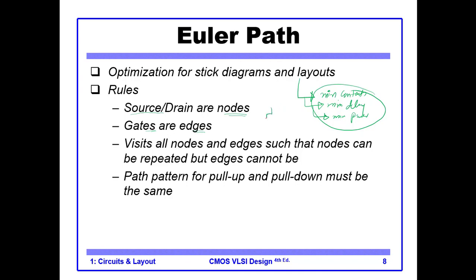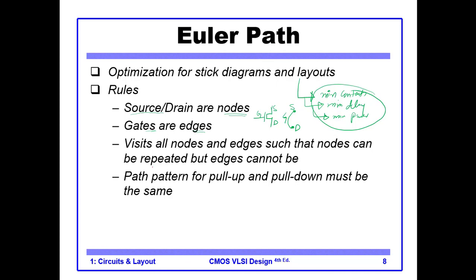For example, let's say this is our transistor and we say this is source, this is drain, this is gate. So the Euler representation or Euler graph will be like this. The source and drain will be denoted as nodes and this gate will be denoted as this edge.